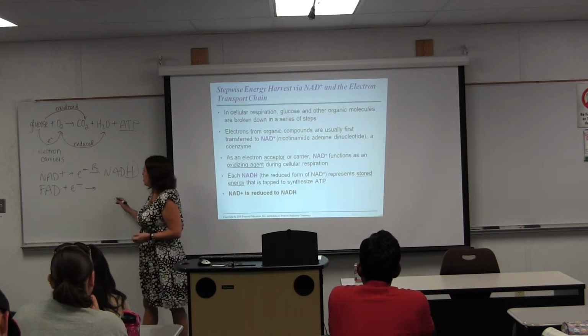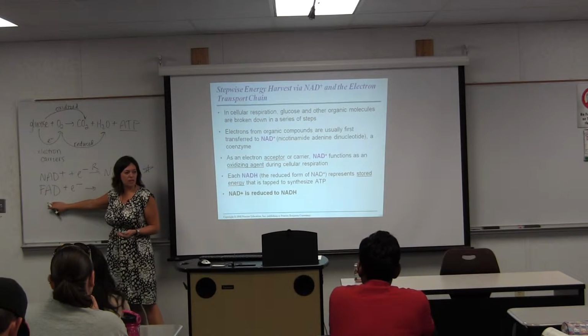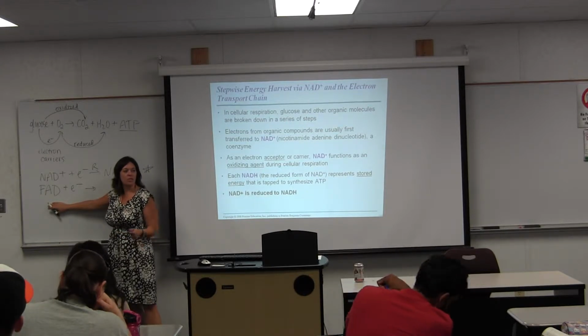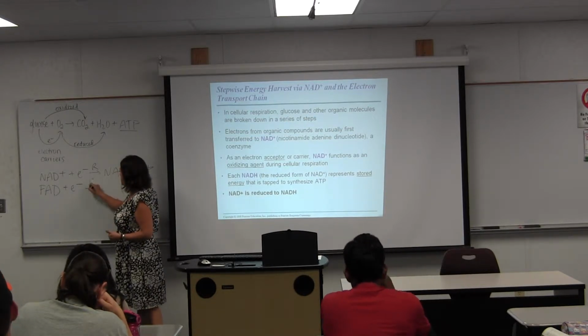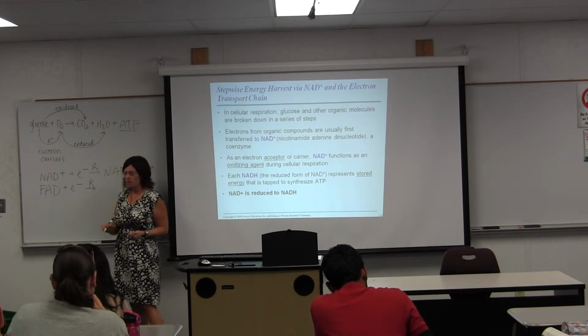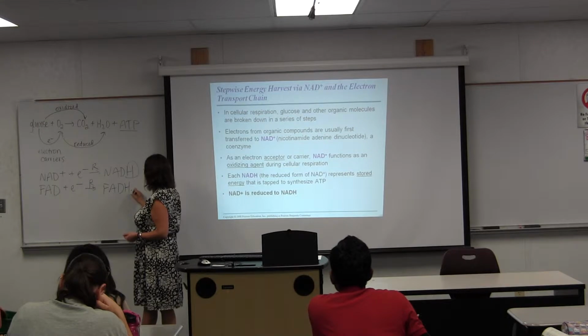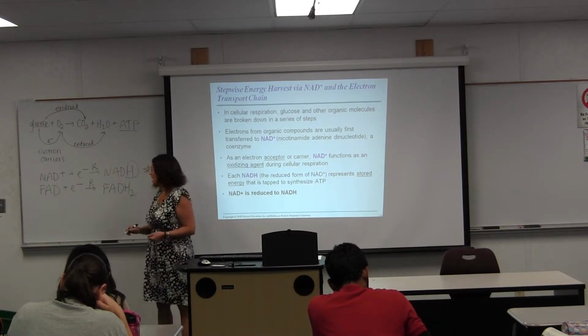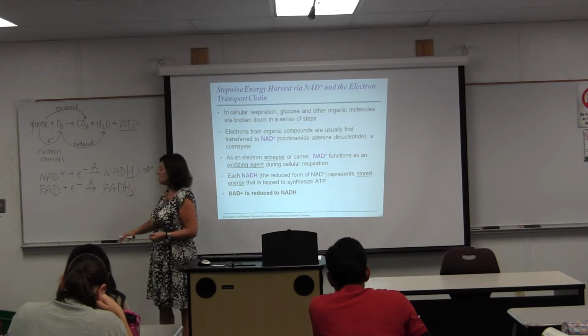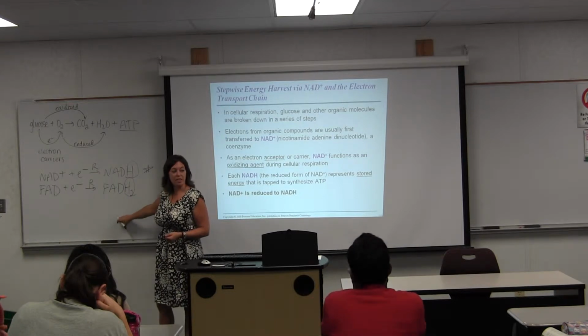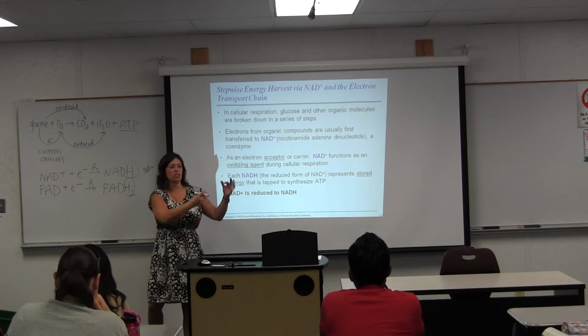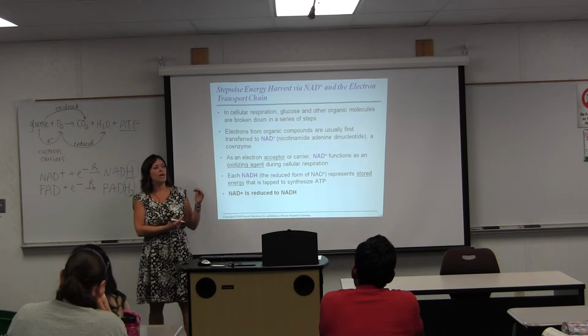And then some of them will also be added to this other electron carrier, FAD. And so when you add those electrons to FAD, again, it's going to be another reduction, and you're going to end up with FADH2. And so this NADH and this FADH2 are going to help carry those electrons away from glucose and to oxygen.